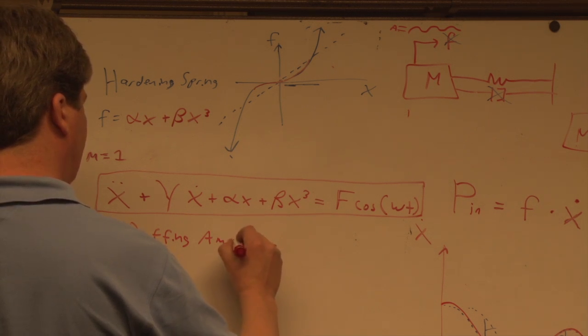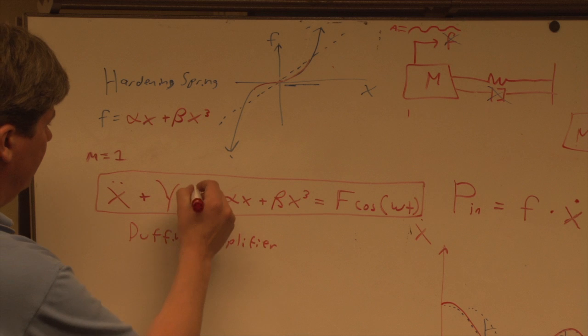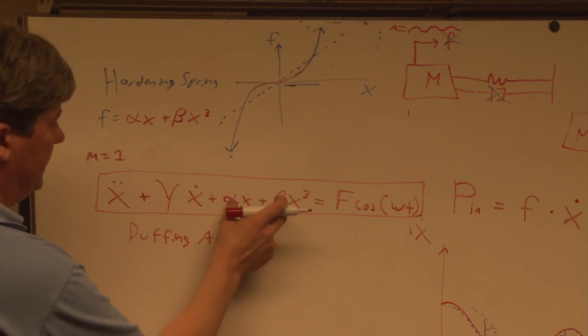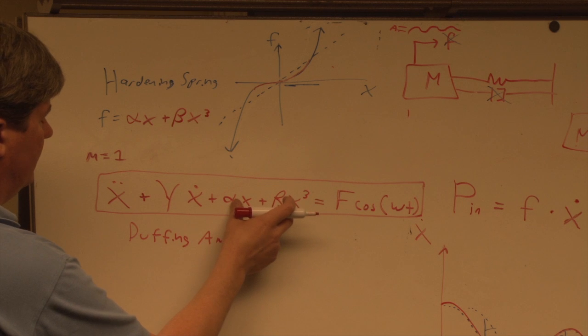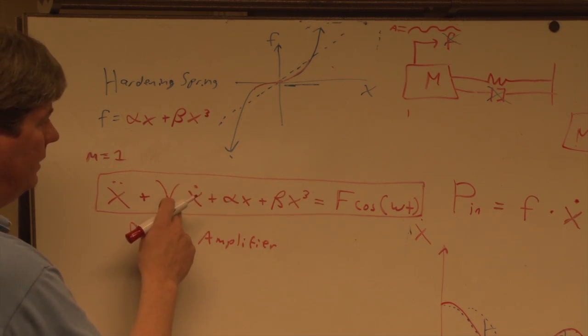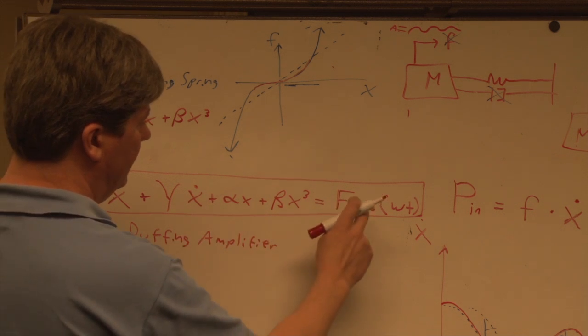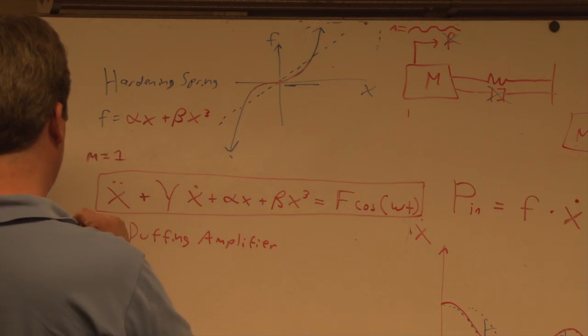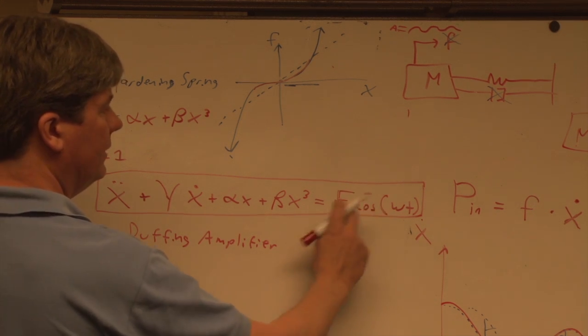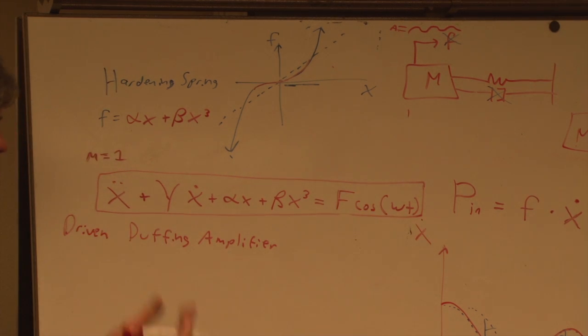It's equivalent to a unit mass, a spring that's alpha x plus beta x cubed, a damping with damping proportionality constant gamma, and then a driven Duffing amplifier is one where you drive it like this. This is one of the amplifiers you see a lot of places, but it's exactly a mass spring damper with a stiffening spring.